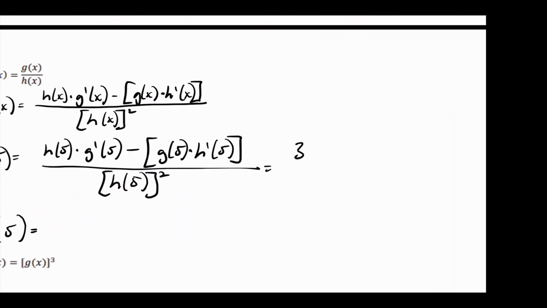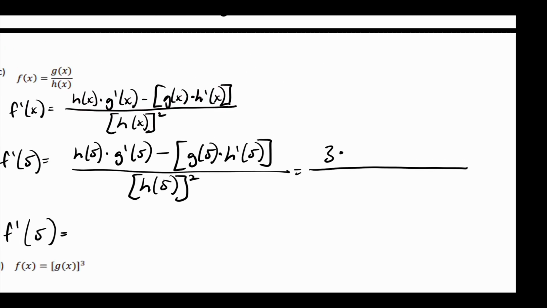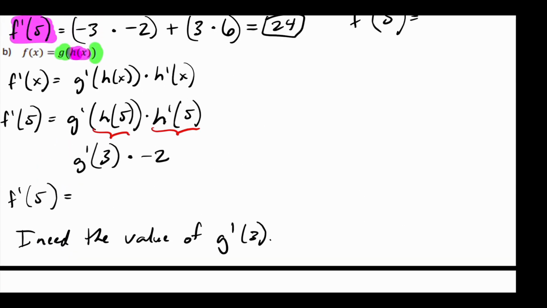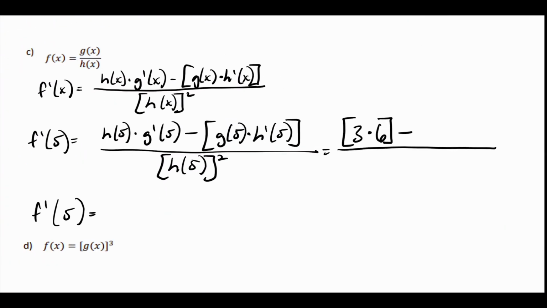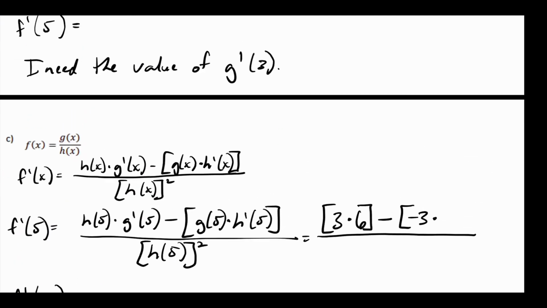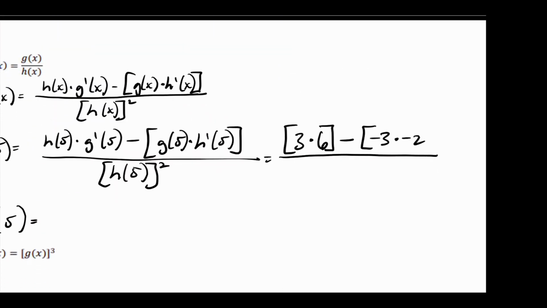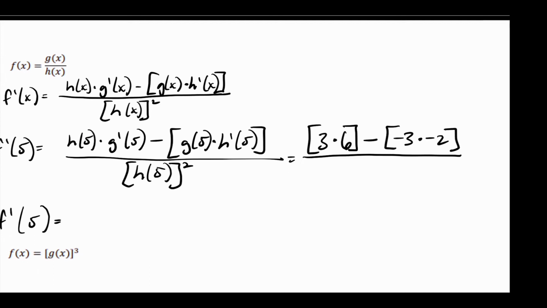So on top I have 3 times g prime of 5, which is 6. So I have 6 here minus g of 5, which is negative 3, times h prime of 5, which is negative 2, over h of 5 squared. h of 5 is 3, so it'd be 3 squared.